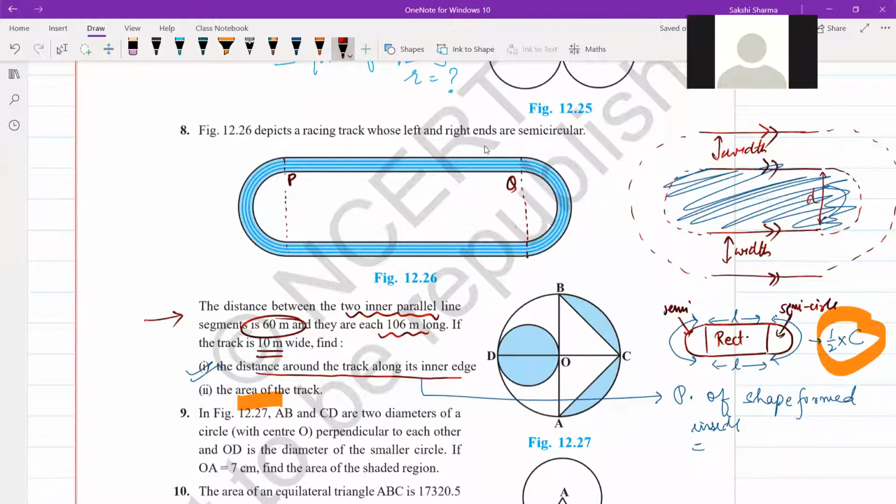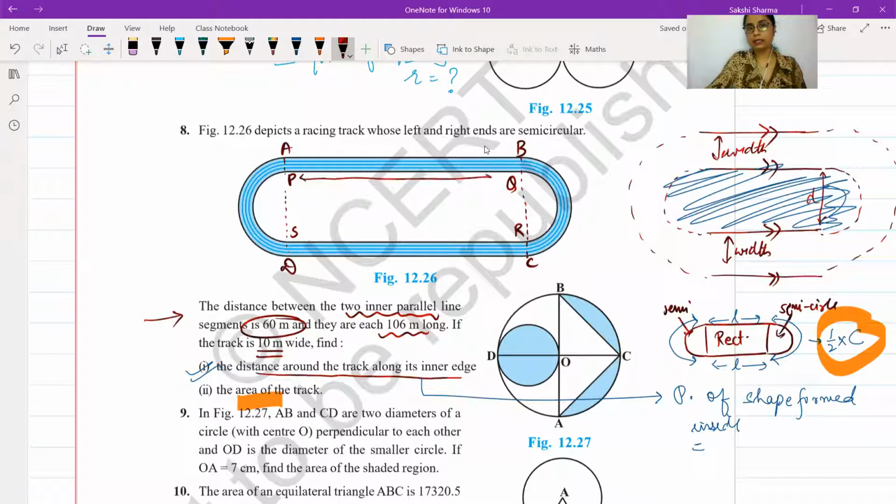This can be named as P, Q, R, S. This is the inner rectangle, and then the outer rectangle you can name as A, B, C, D. So the first part would be calculated by adding the distance from P to Q, Q to R along this curved boundary, then R to S, and then S to P. This is the distance you want to find out. I'm going to mark names along the boundary. So let's name this point as X and a point here as Y.